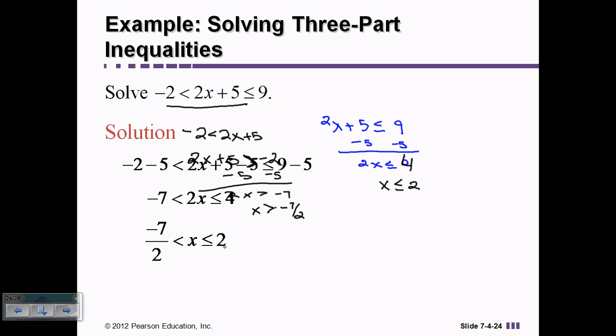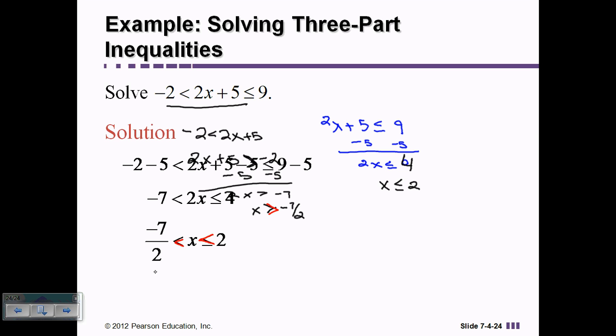So notice the way that this is written. The arrows have to point in the same direction. The arrow is pointing to the x for the 2, and the arrow is pointing to the number. So this is our compound inequality here.